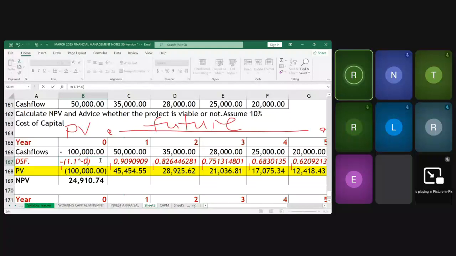In year 2, you need to put year 2. But instead, I can just do 1.1 to the power minus. I just click where 0 is because my years are laid 0, 1, 2, 3, 4, 5. When you drag, for example, if you come to year 1, you can see that it's picking 1 automatically. Year 2 is picking 2 automatically. Year 3 is picking 3 automatically. That is the trick.